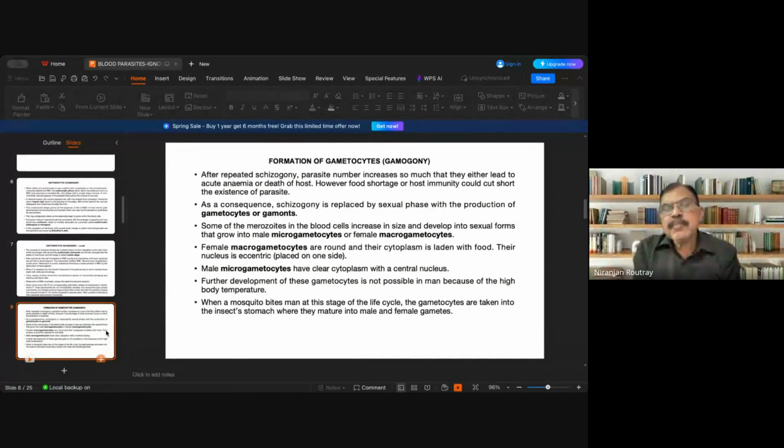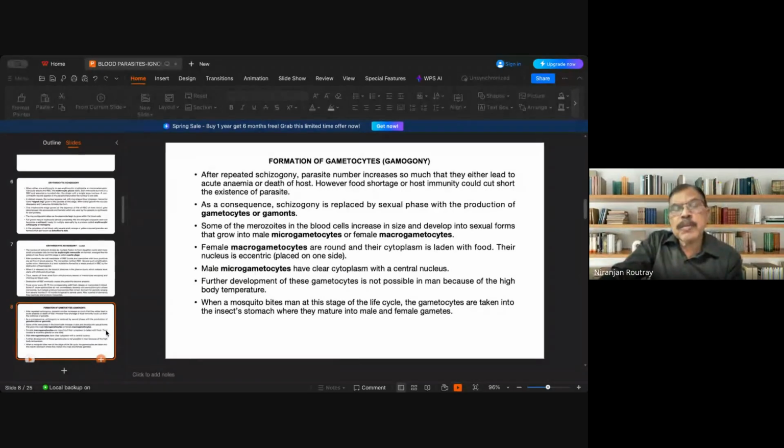These gametocytes develop in the human being up to the gametocyte stage, but gamogony will never occur in the vertebrate host because of the temperature. They need a lower body temperature for the development of the gametes through gamogony. And you know, mosquitoes are cold-blooded animals.